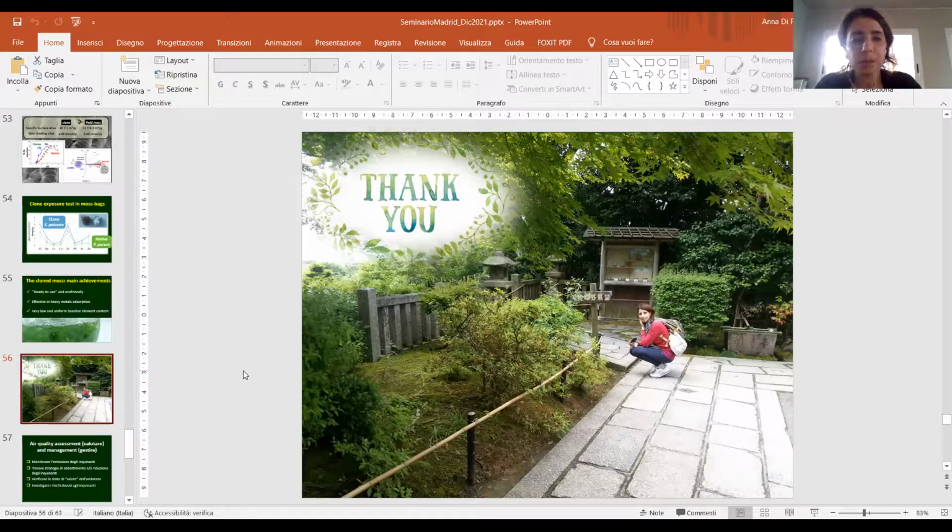For example, if you use living moss, it can be damaged by the weather. They can die over time, so their efficiency can decrease over time.